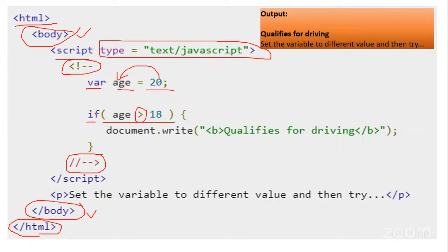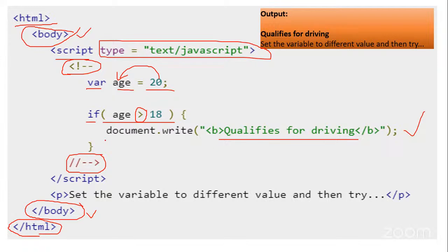Now, if age is greater than 18. The purpose of this code is to check whether a particular person qualifies for driving or not. As per the rules, we know that if the person's age is greater than 18, then the person may qualify for driving. That is the minimum eligibility criteria. For that, we are framing the condition if age greater than 18, then I want to print.